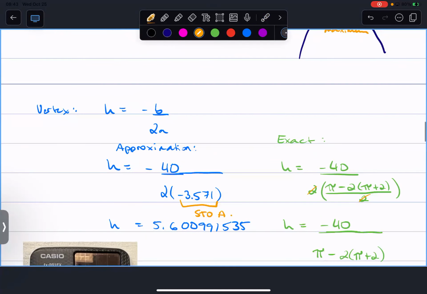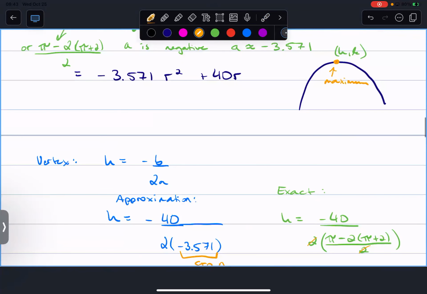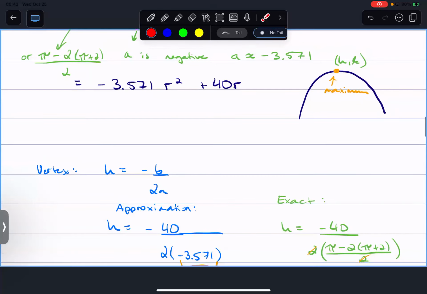Now, if that's the value of X where it's maximized, then I can put that in as my R. So here, H is actually R in our case. X is R, H is the X value. Wow, that's confusing.